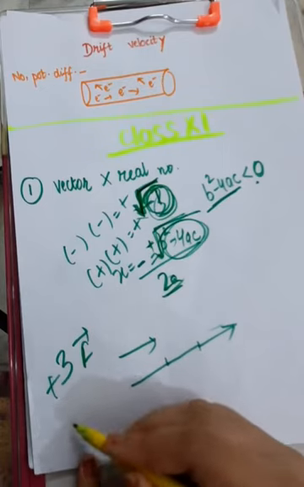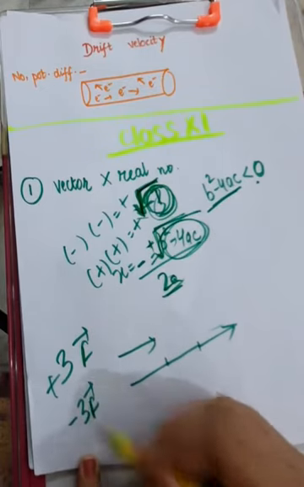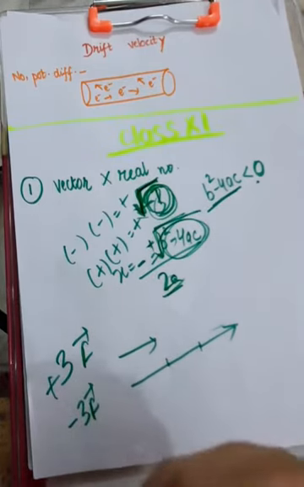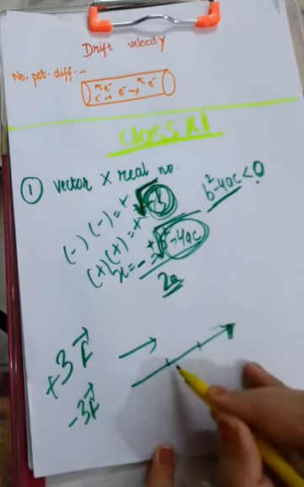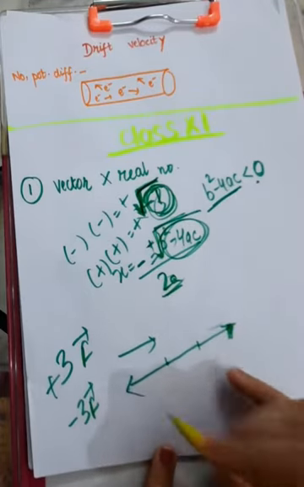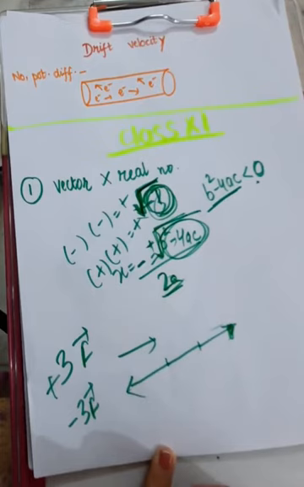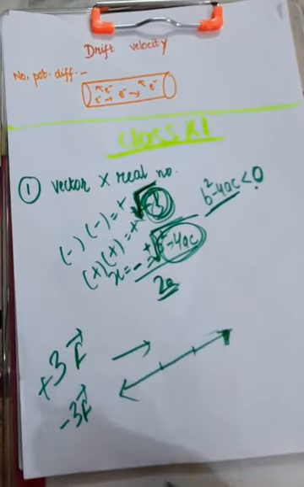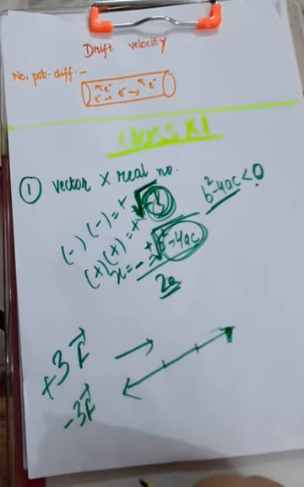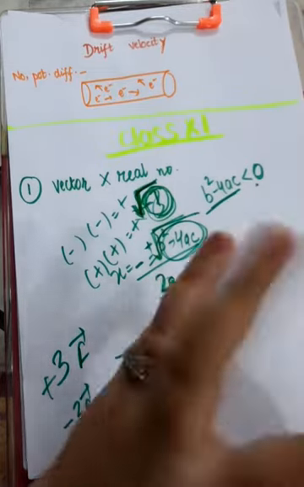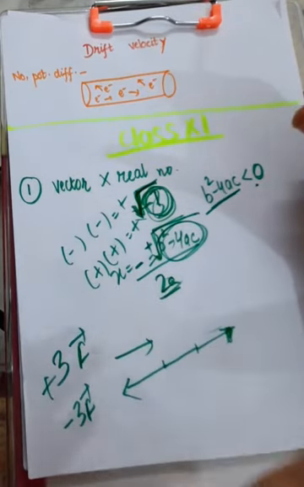Had it been -3F vector, the magnitude of course would have increased to thrice, but the direction would have been opposite because it's -3. Minus sign plays a very, very important role in the study of vectors. Remember that. Okay, so this is vector multiplied by a real number.